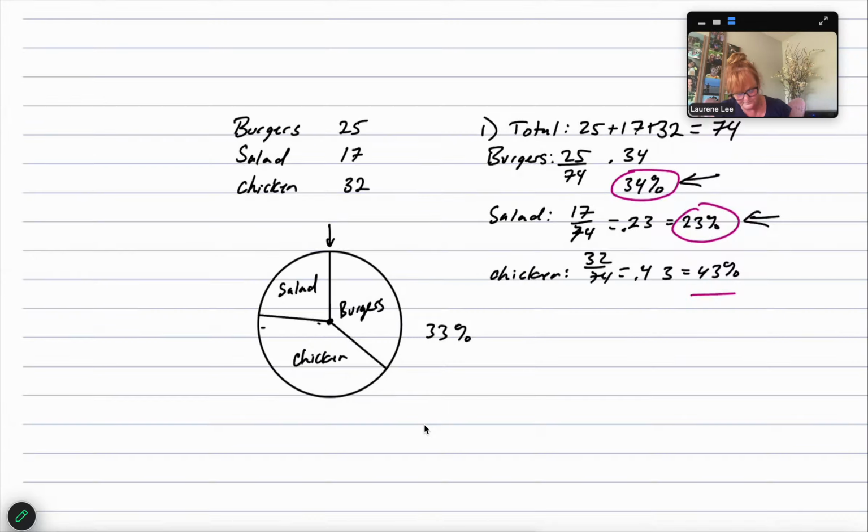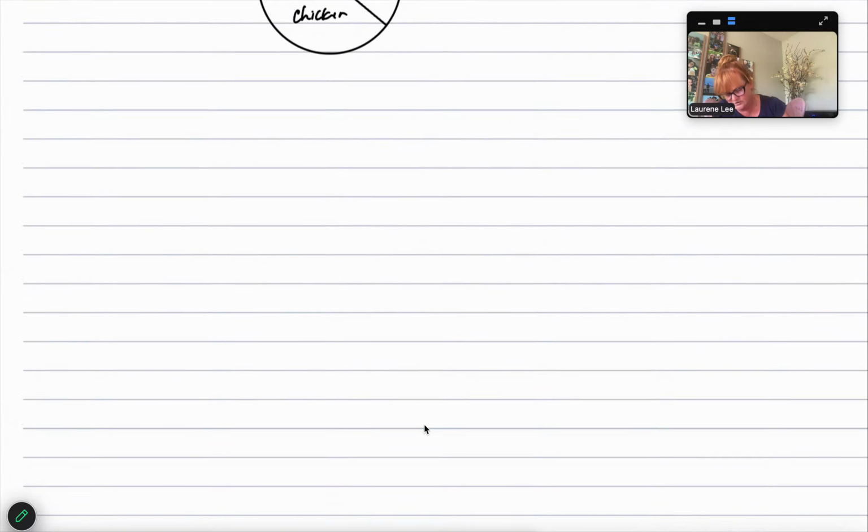For example, I could have a histogram like this, and I could have some labels on here. We're just going to do this generally, and I'm going to start here at 90 and go to 150, and here's my bar chart. Here's my histogram.